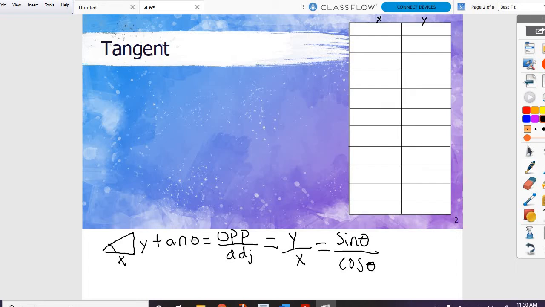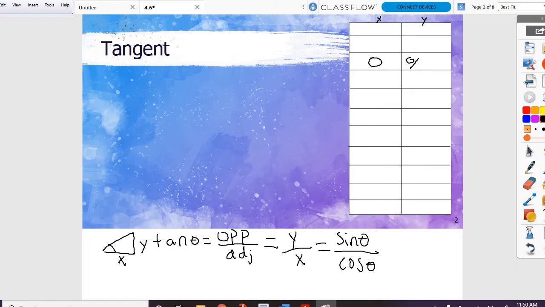So normally we start at 0. It's a good spot to start. So if I start at 0, I know that tangent of theta is sine of theta over cosine of theta. Let's think back to our sine graph. When I'm at 0, what y value am I at for sine? Or where does it start? For sine, it starts at the origin, so my output is 0.